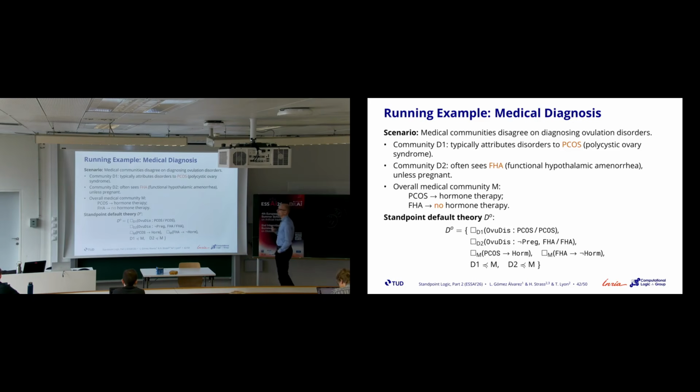So here, in this running example, so this is from the medical domain, and there, for some symptoms, different communities in the medical community sometimes disagree on causes for these symptoms and on underlying reasons.